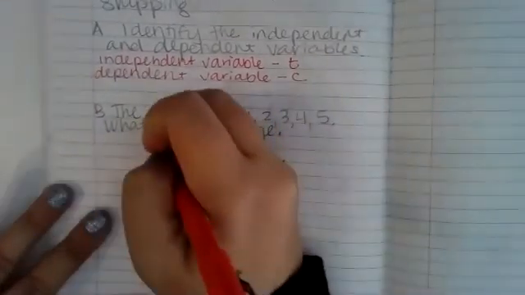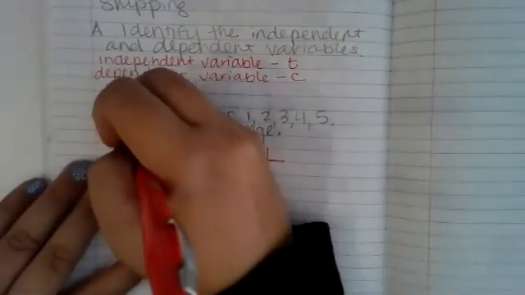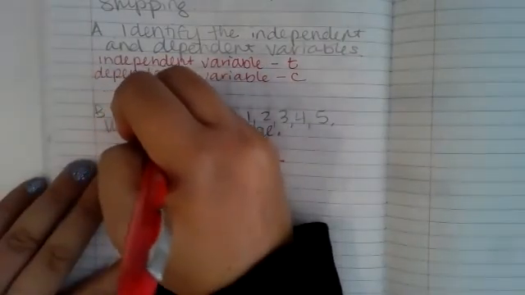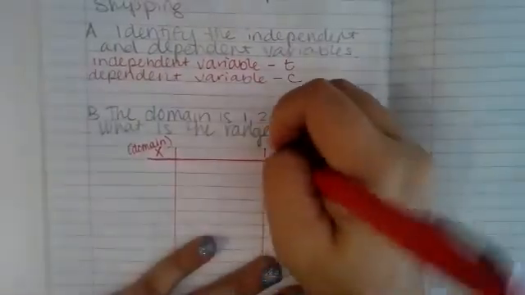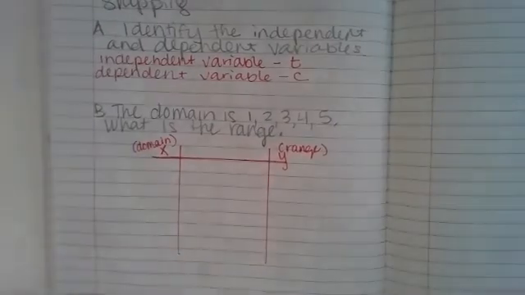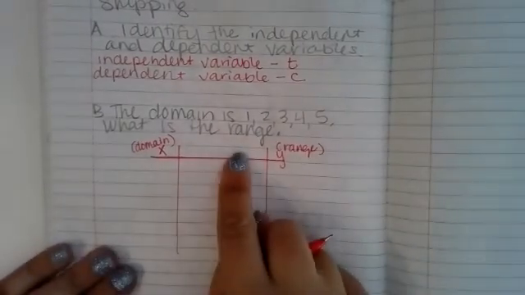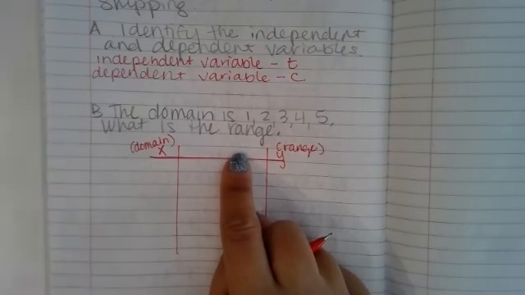Over here is going to be my X. You also know this as the domain now. And then over here is going to be my Y, which is also my range. And then in the middle is where I'm going to put my equation, which is what we're putting the domain into and getting the range from.